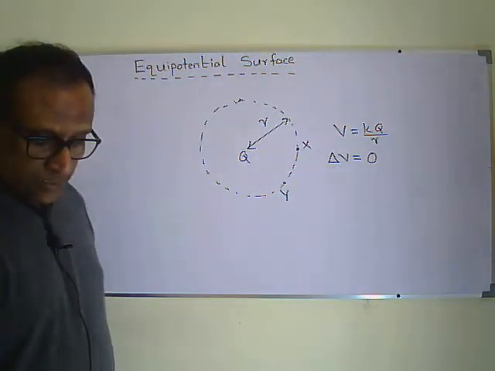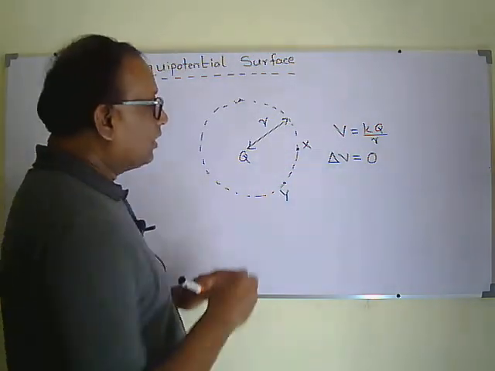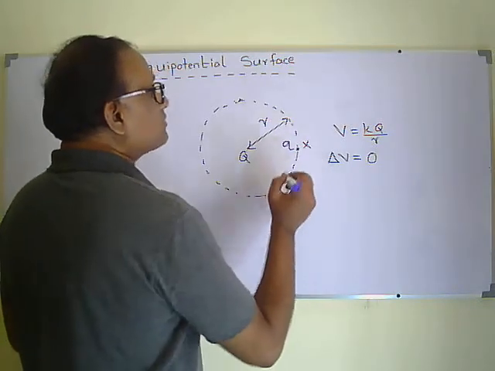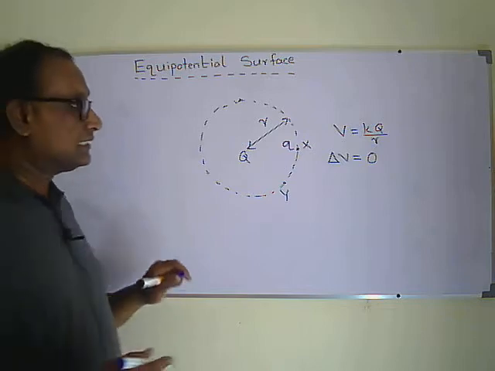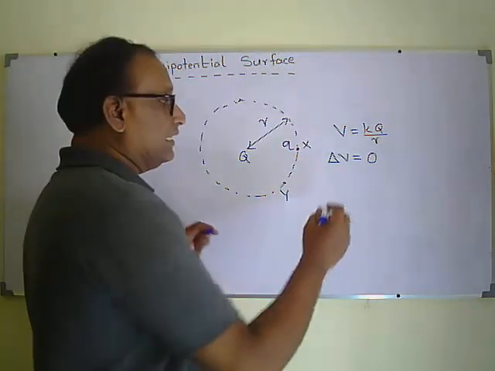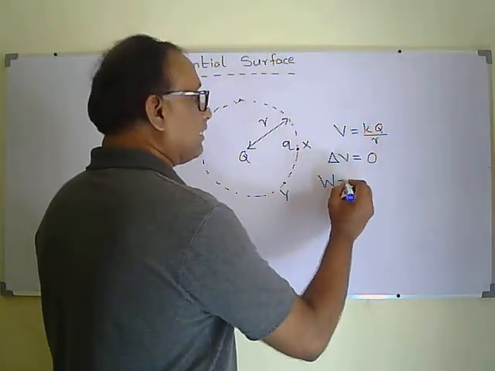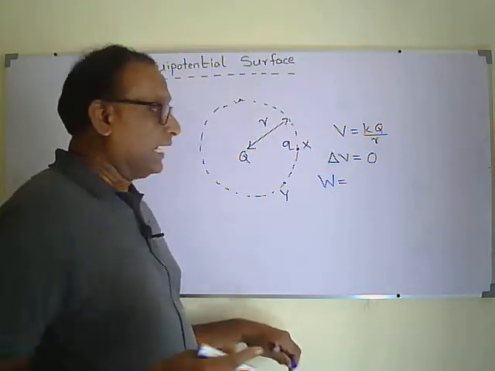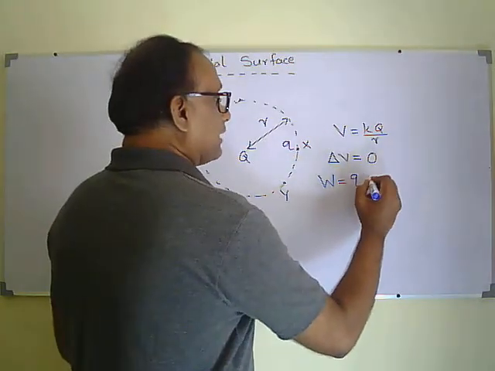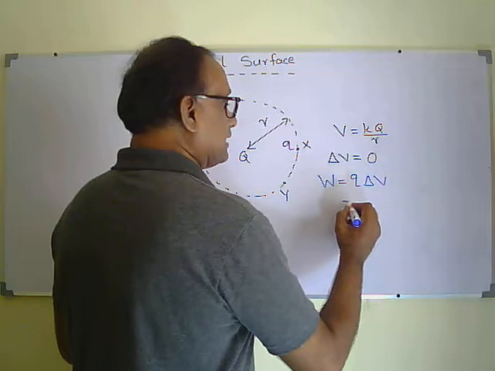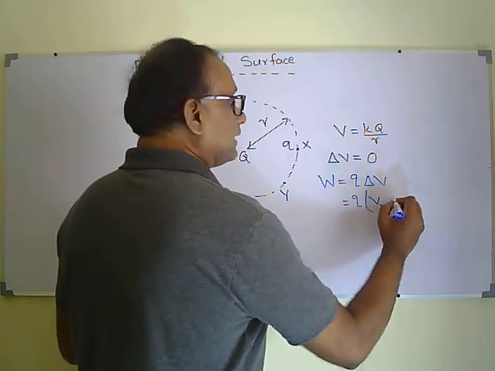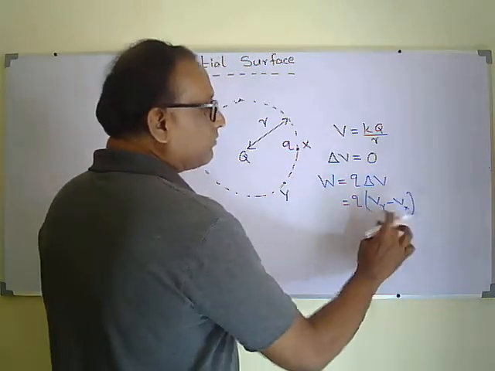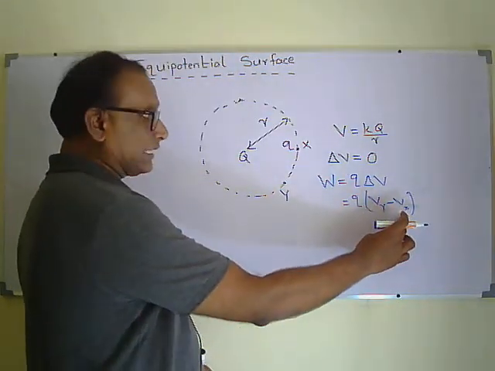If a charge q moves from x to y, the work done on the charge when it moves in an electric field is, as we learned in previous videos, W equals q times delta V, that is q times (Vy minus Vx). But Vy and Vx have the same magnitude.